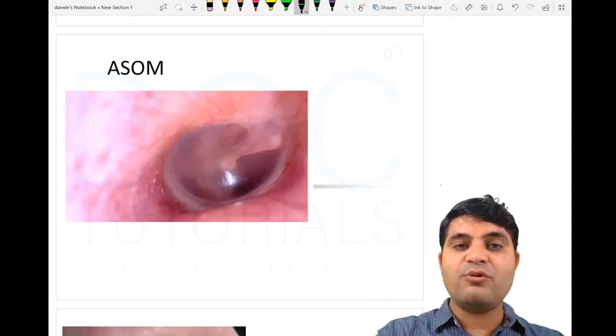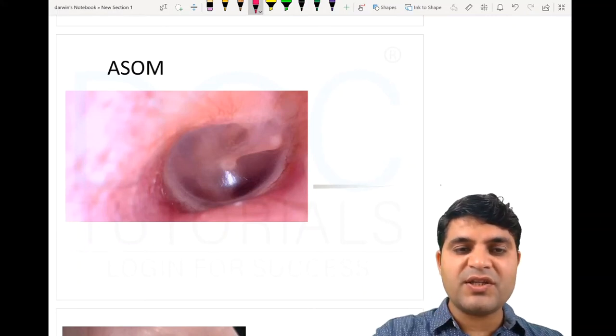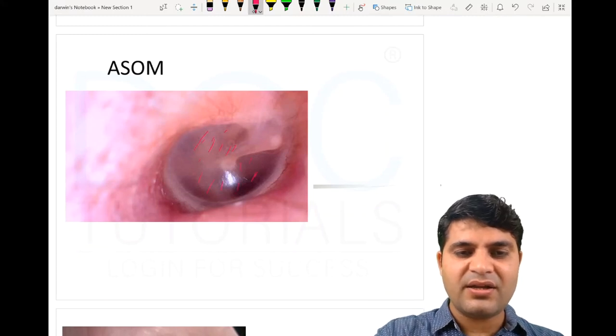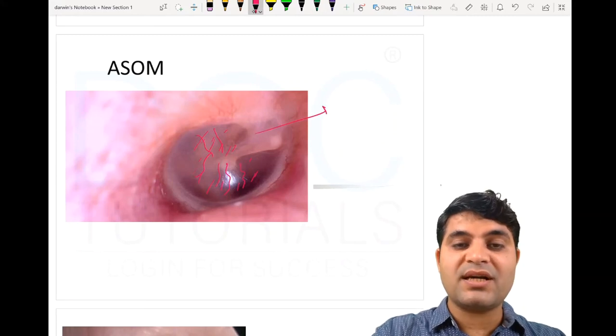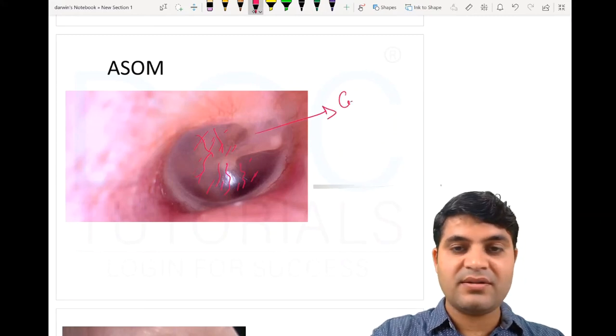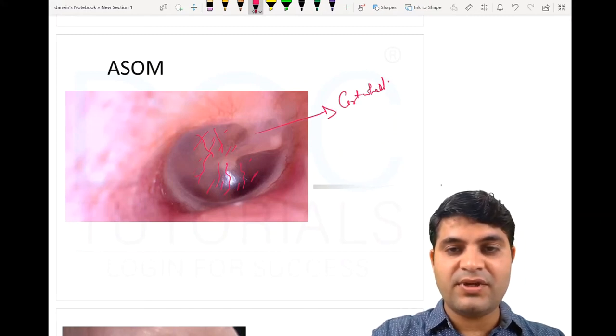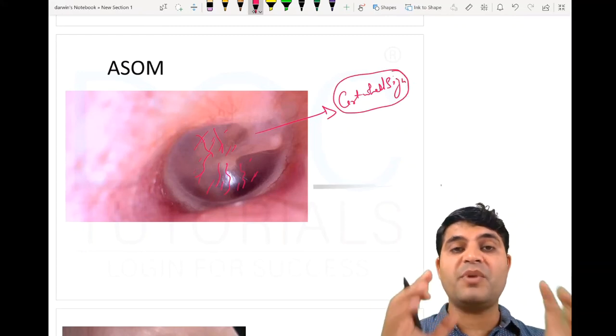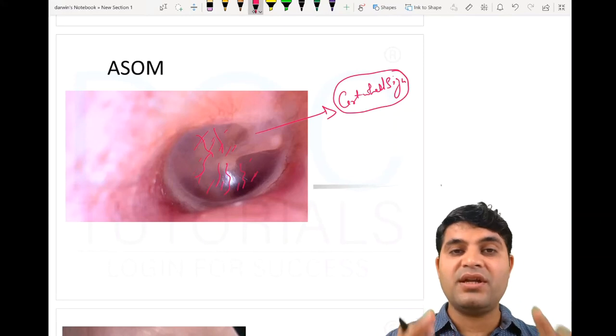And in case of acute suppurative otitis media, in fact this picture would be slightly red, like this. So this is known as cartwheel sign. Clear? I mean to say a leash of blood vessels running in a radial direction.